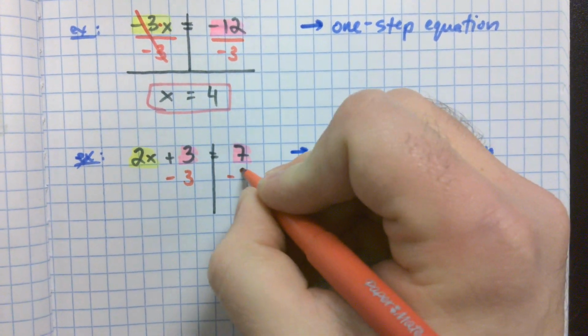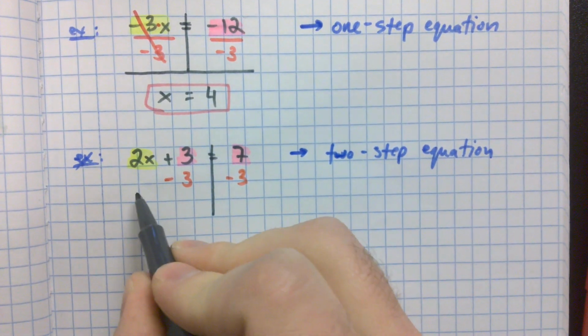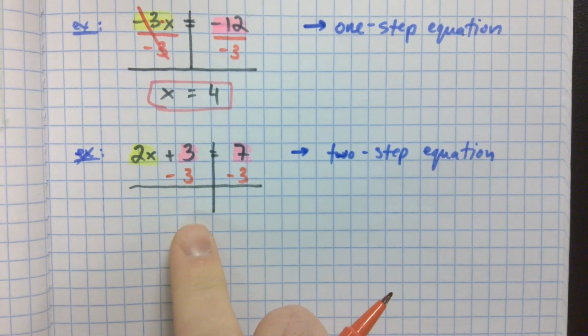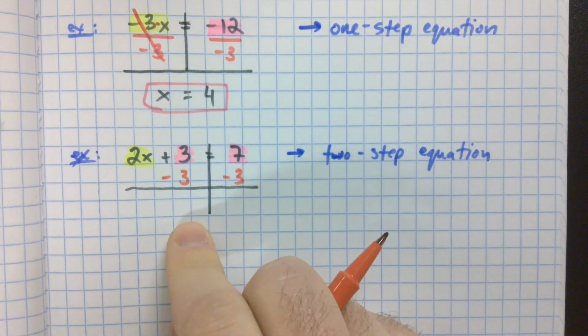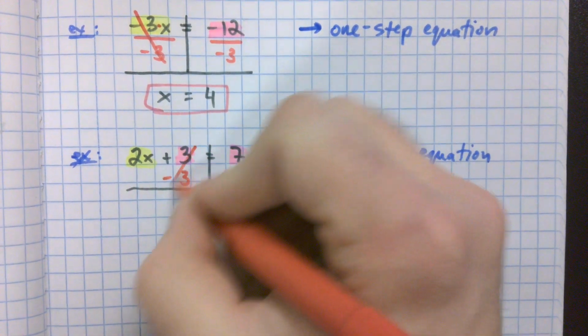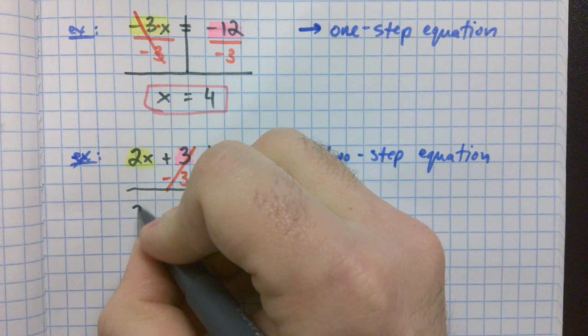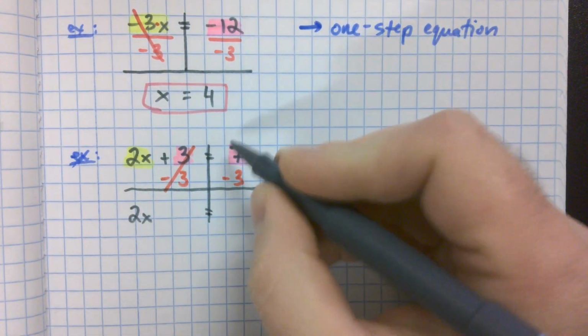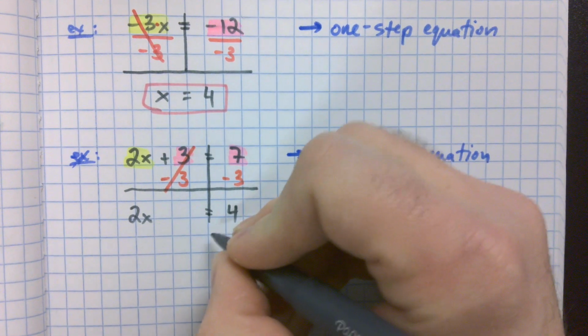Minus 3. Whatever we do to one side, we have to do to the other to keep our equation balanced. What happens with this plus 3 minus 3 here? Cross them out. Equals 0. Leaves me with 2x equals 7 minus 3. Well, that's just 4.